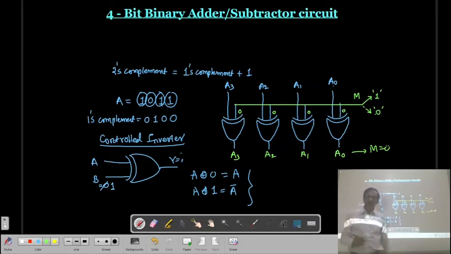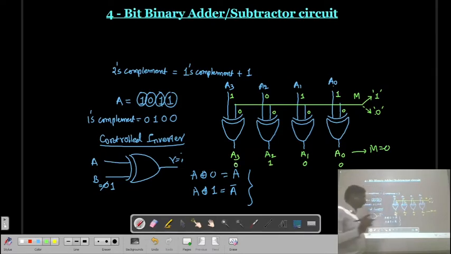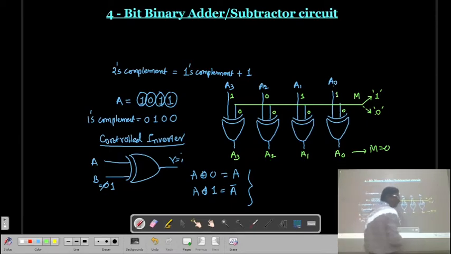Whatever the binary input is there, the same binary output will be present. Sorry, here it's my mistake. This input is connected to 0, so the number is not going to be inverted, and the same number is going to be present here: 1, 1, 0, and 1.